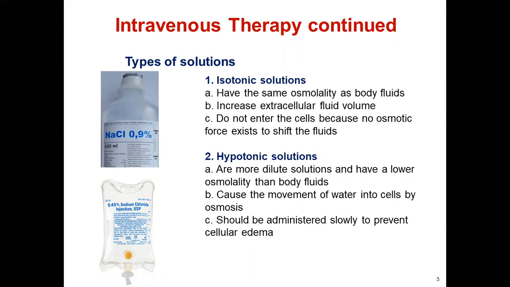Imagine your patient needs to take hypotonic solution. What should we closely monitor? Why do we need to monitor? Because a rapid increase in fluid shifting into the cell can cause cellular or cerebral edema.